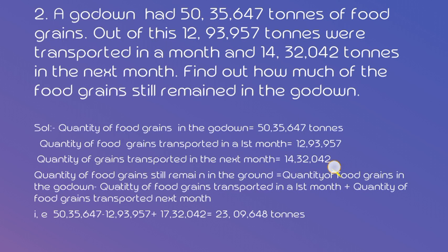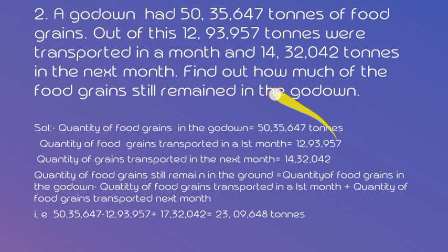Now the quantity of grains transported in the next month. This is transported in the first month, and 14,32,042 tons in the next month. Within 2 months, these food grains are transported: 12,93,957 and 14,32,042. These food grains are transported in 2 months.